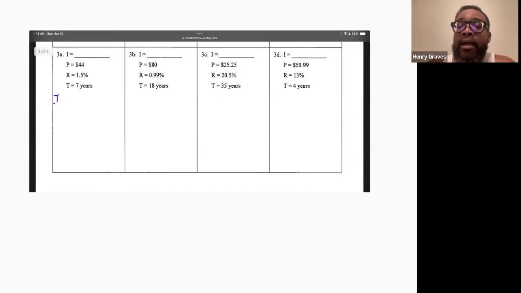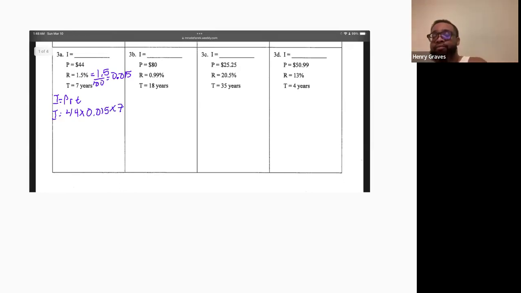I picked these ones because you're still going to apply the same formula. 1.5 divided by 100 is going to be 0.015. So I'm going to end up doing $44 times 0.015 times 7. So when I multiply all of that, I'm going to get my answer.